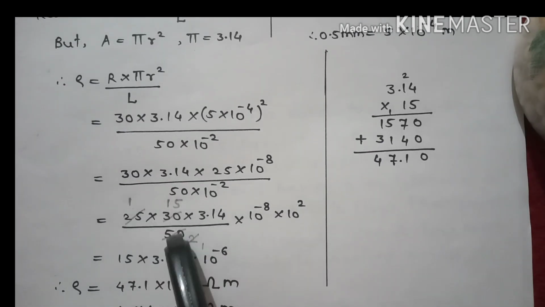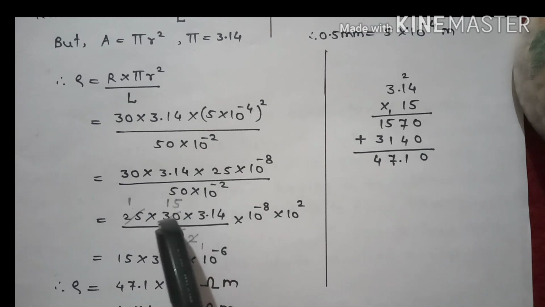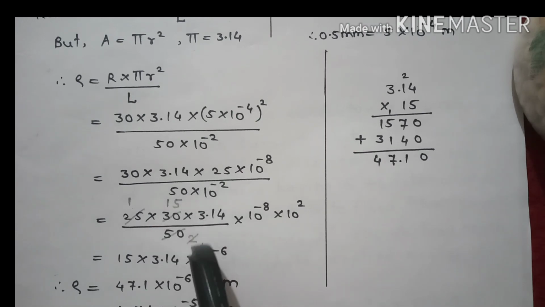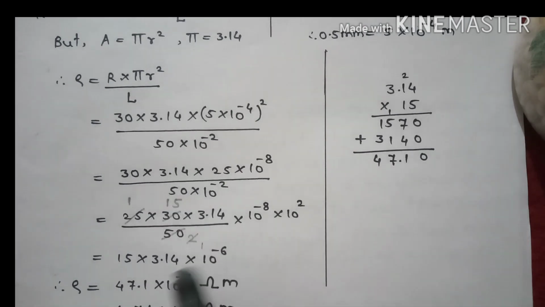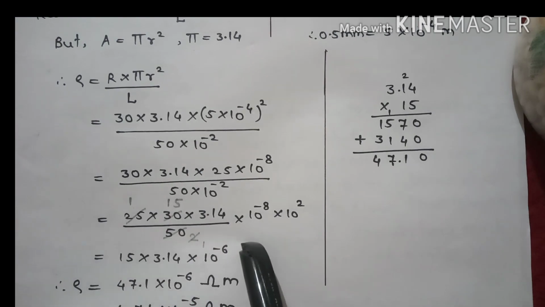Now here this 25 will divide to 50, that is 25 ones are 25 and 25 twos are 50. Now this 2 will divide to 30. So 2 ones are 2, means it will become 15, means 30 upon 2, that answer will be 15. So here 15 into 3.14 into 10 raised to minus 6.